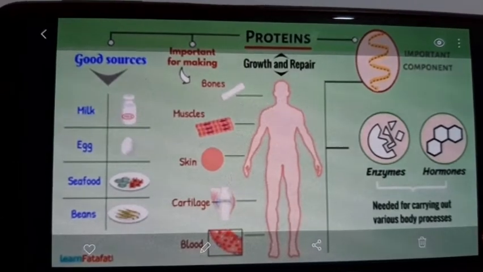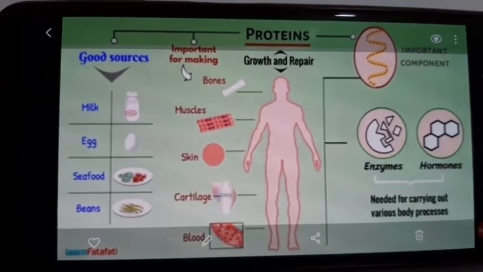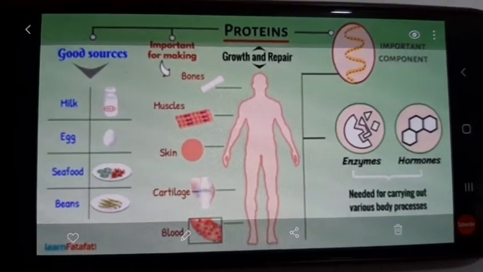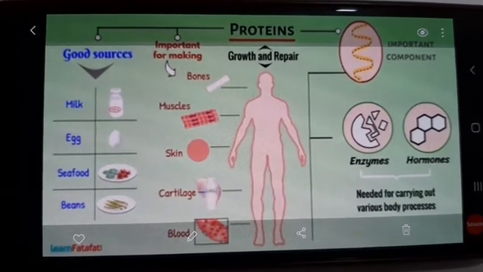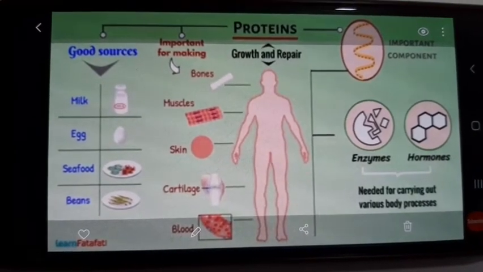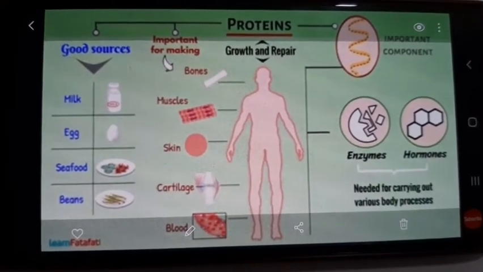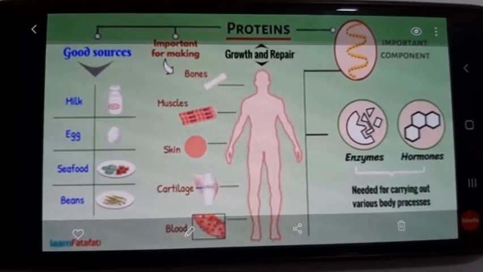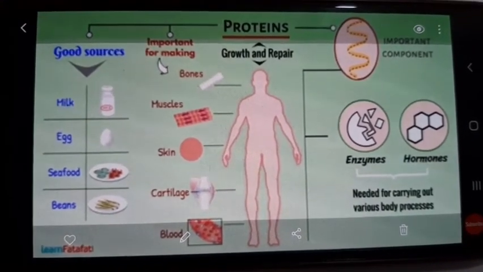They are important for making bones, muscles, skin, cartilage, blood, etc. Good sources of proteins are dietary factors like milk, cheese, butter, poultry sources like eggs, seafood, and beans.